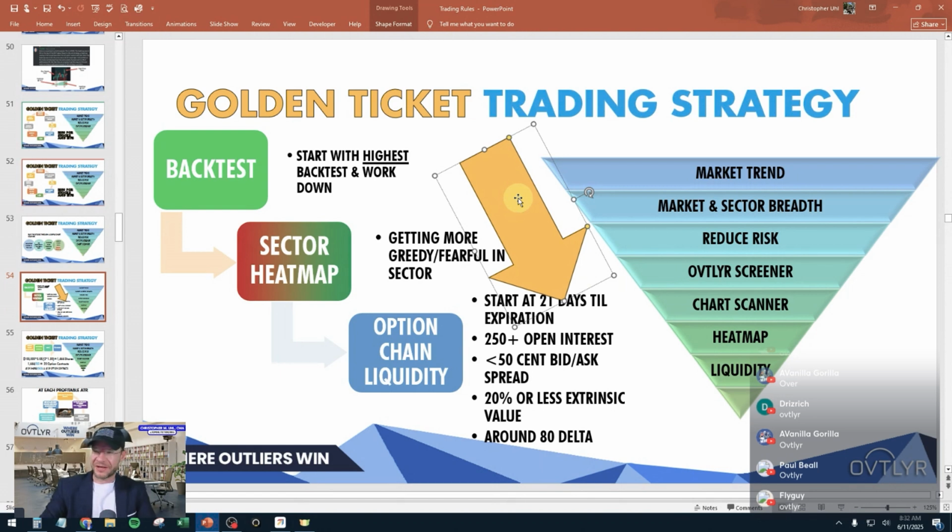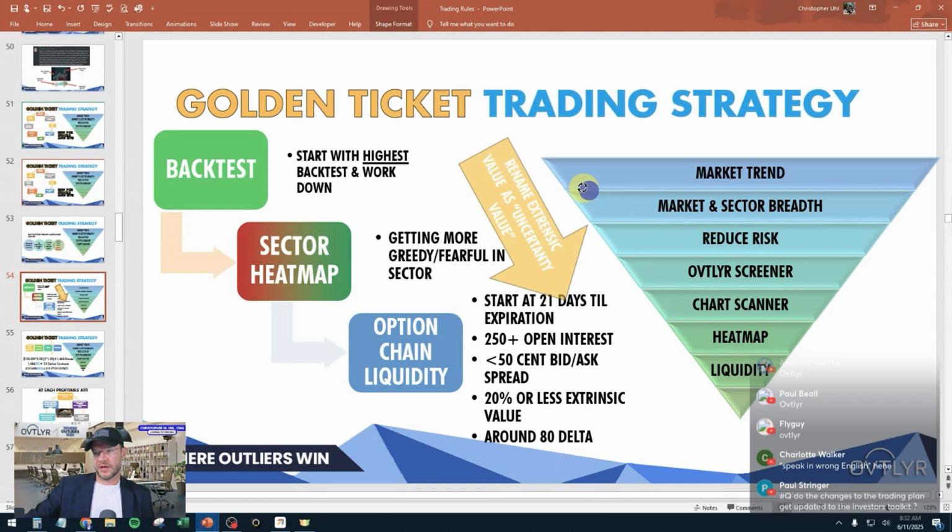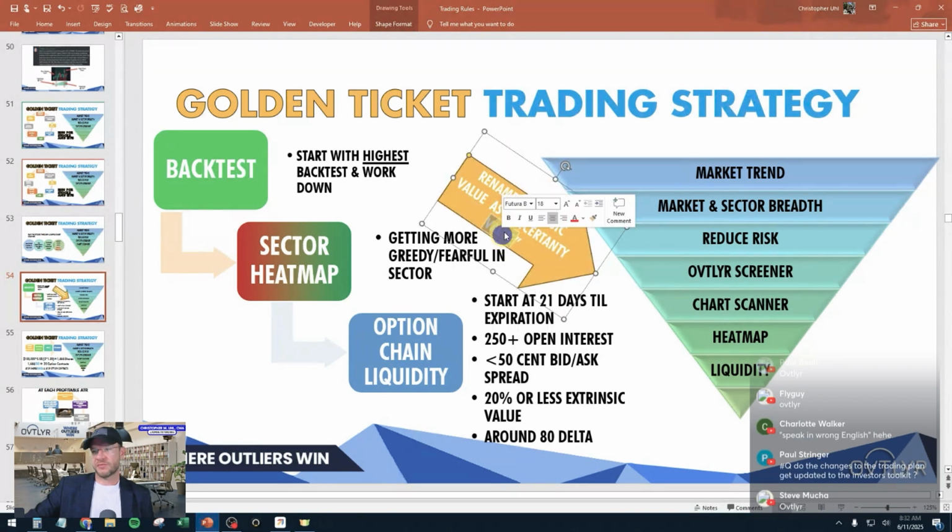Okay. Anyway, we're going to rename extrinsic value as uncertainty value. I know I didn't spell it right, I don't really care. This is just a note for me to go to later. Rename extrinsic value as uncertainty value, uncertainty premium.